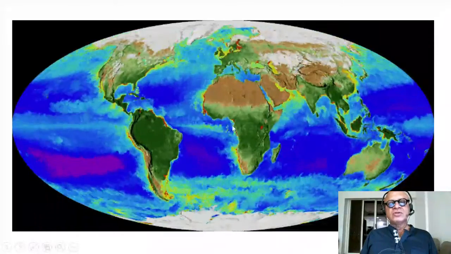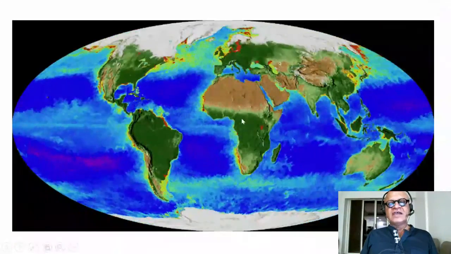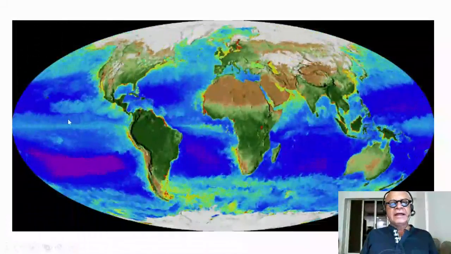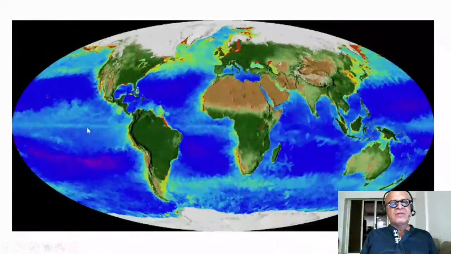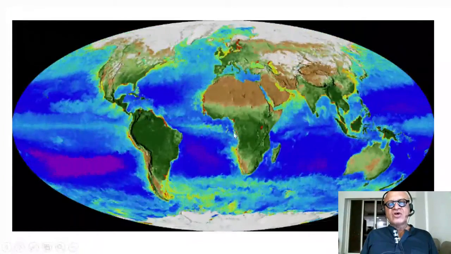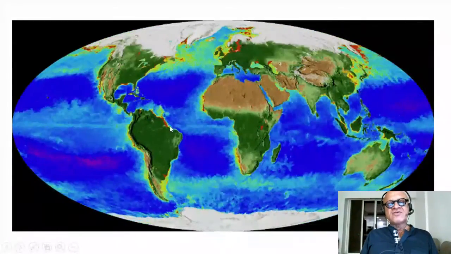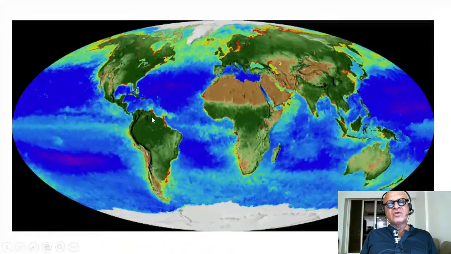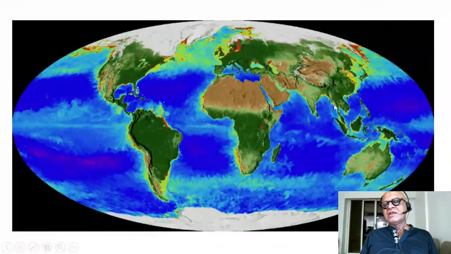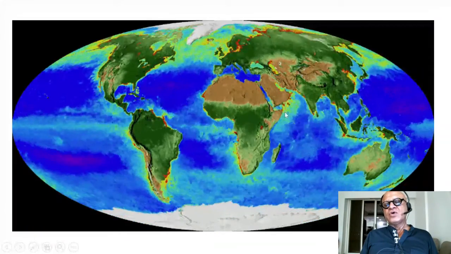We talked about the seasonal migrations of the ITCZ and the associated photosynthesis, and also the waning and waxing of the upwelling as well as river runoffs. Here you have Congo Zaire River coming off, Amazon, Orinoco, Ganga, Brahmaputra, Irrawaddy, and so on and so forth.